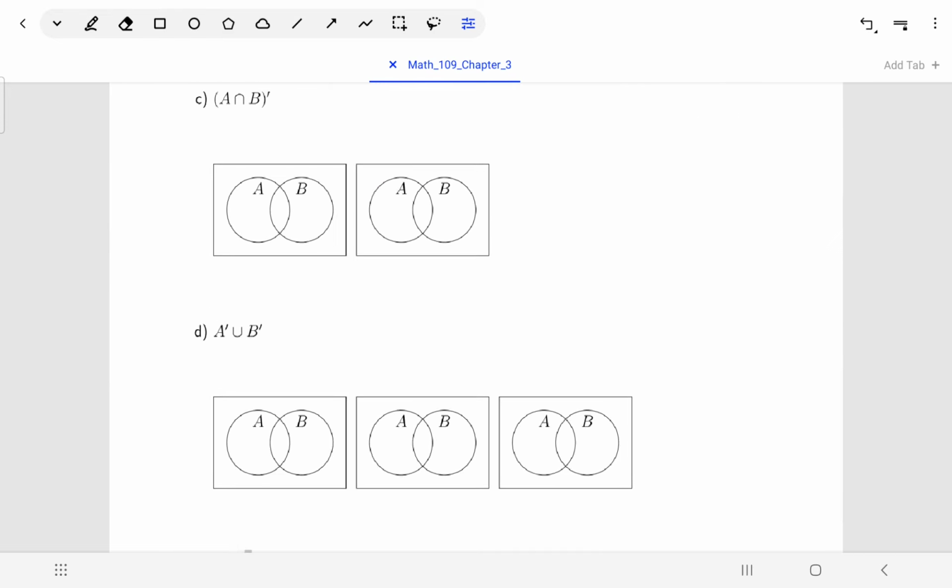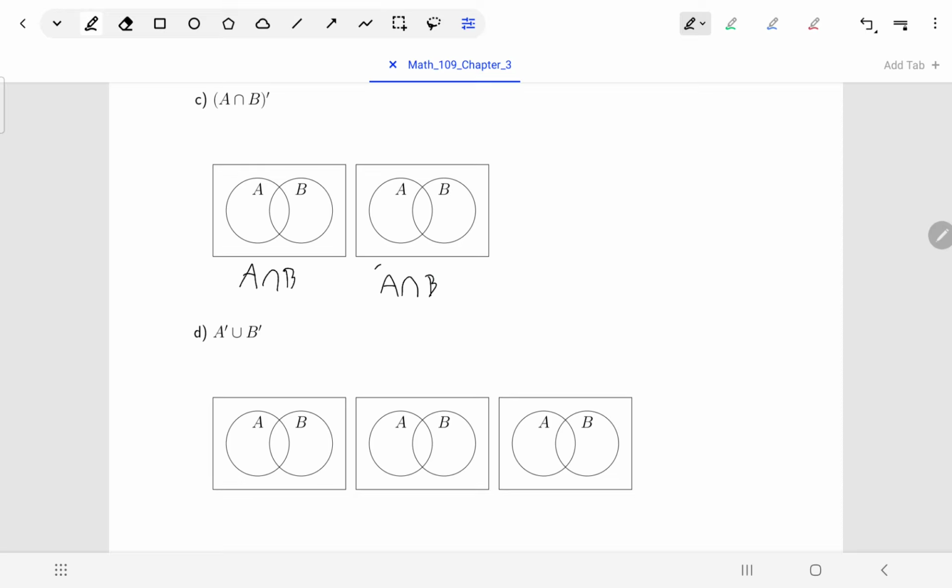Okay, let's do the next, same sort of idea, and this time we can be a little bit speedier because we know a little bit better what we're doing. A intersect B complement, I'll first find A intersect B, and then I will do the opposite. So A intersect B, that's where do the two things overlap?